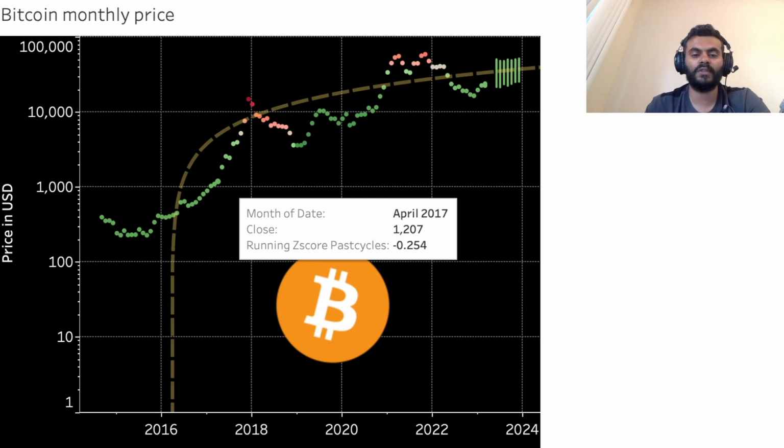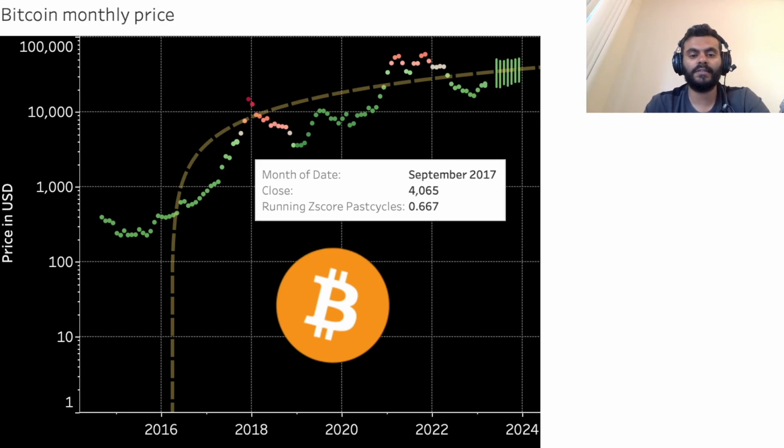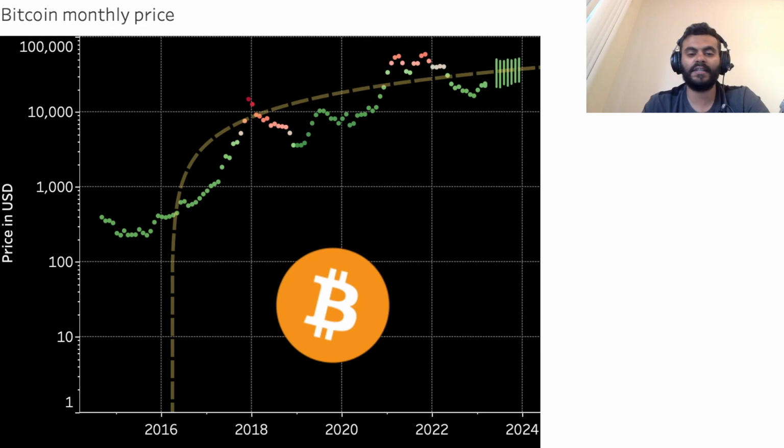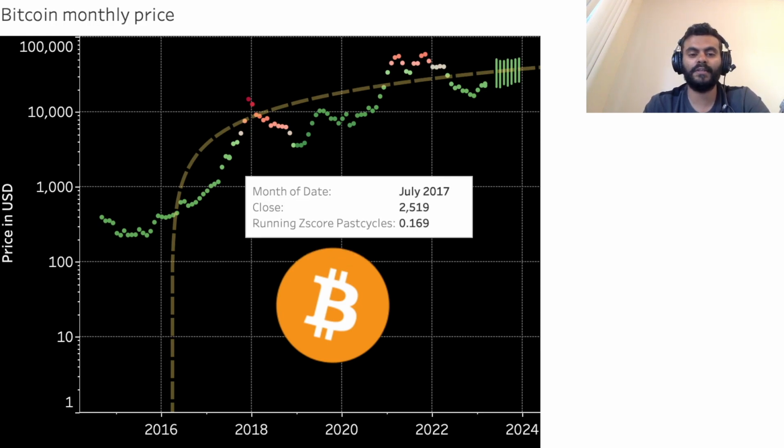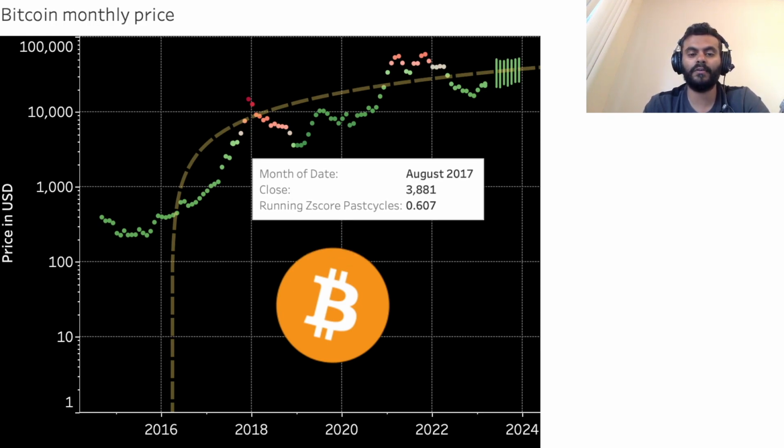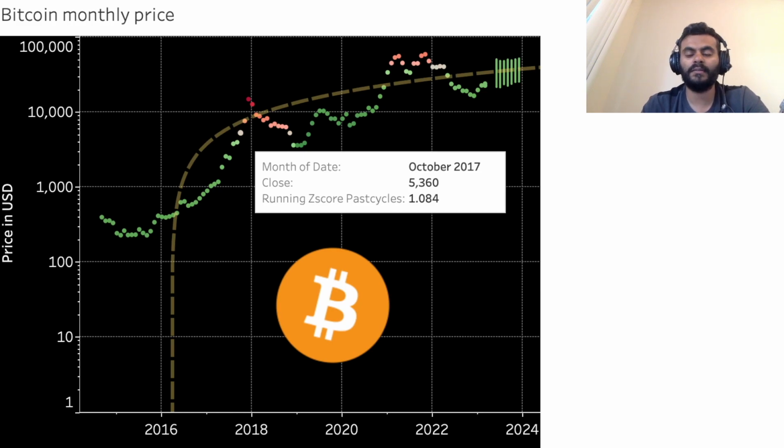When the color is green, the z-score is lower than zero, and Bitcoin is technically not in a peak. This is a diverging scale, so when the color changes from green to neutral, which is like white or light red, then the price gets heated.